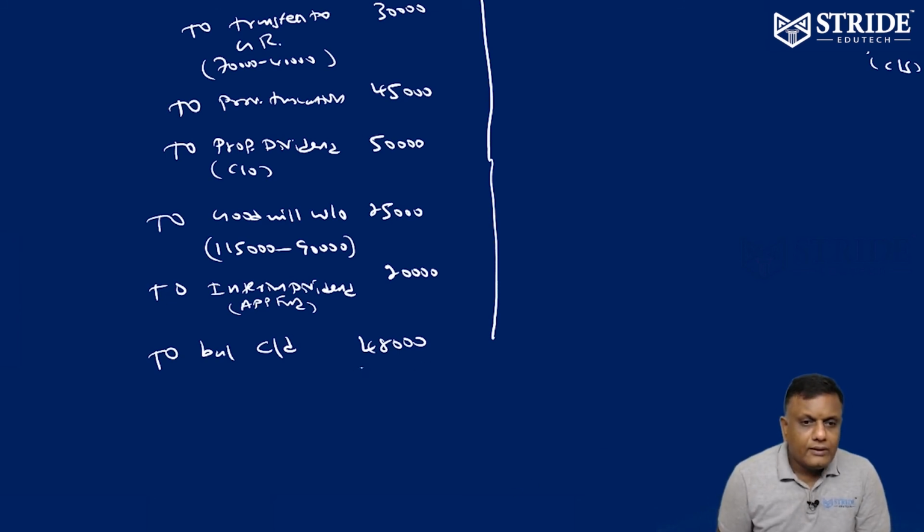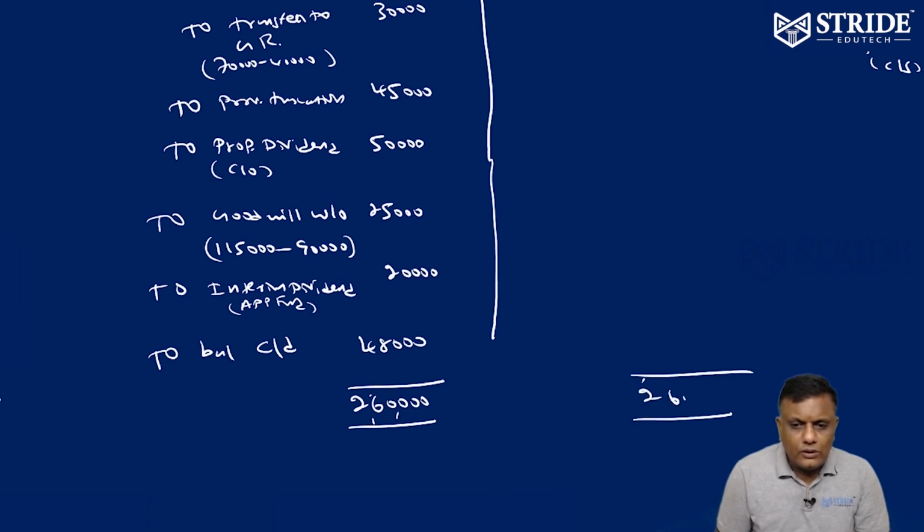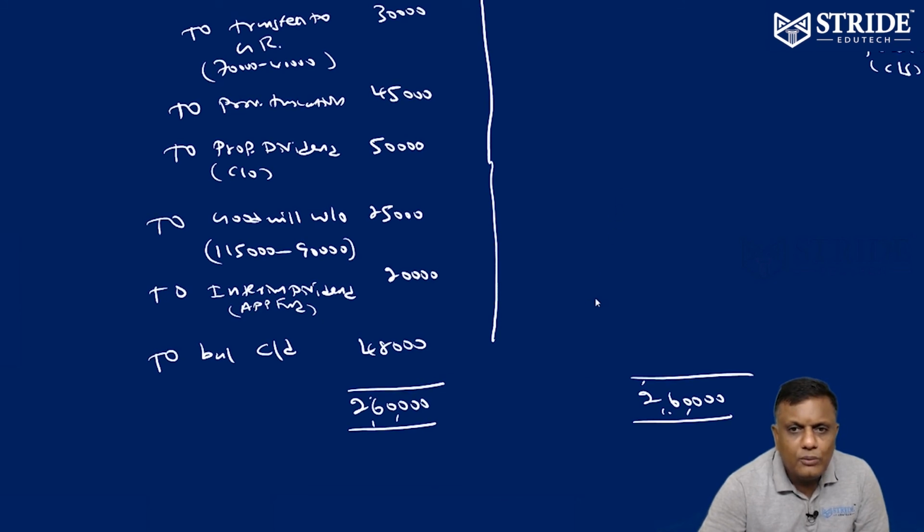So always debit should be higher. Debit should be higher, 2,60,000. So the missing figure is fund from operations.